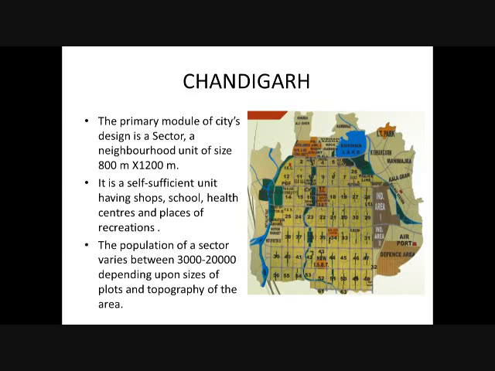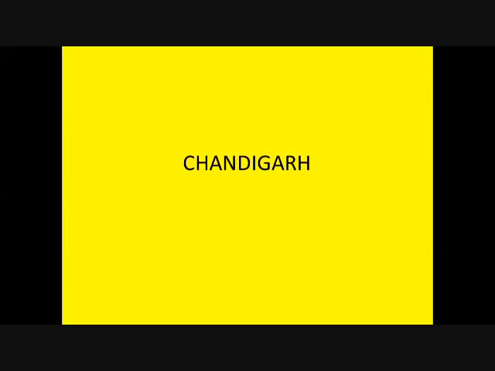Each sector has a population of 3,000 to 20,000; the average was about 5 to 10,000. And this is also the same as what happened in Kuwait. So we see the difference between the natural evolution of Moscow and the planned scheme of Chandigarh.